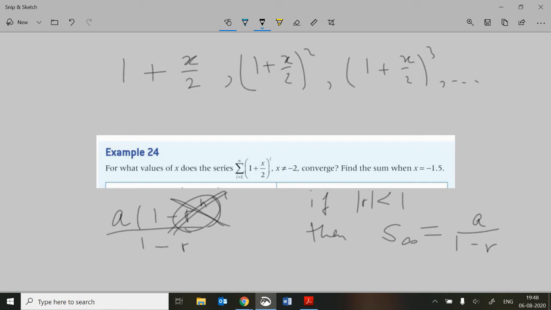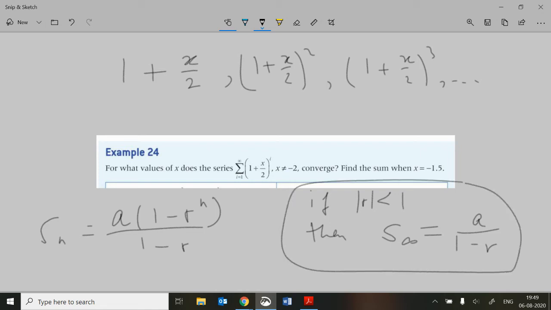So that's just the normal sum of n. But if the magnitude of r is greater than 1, then your terms will be getting bigger, so they will diverge. But if terms get smaller, then they will converge. I think that's a fact you're going to have to take on board just for the moment. At the end of this, I'll do a little Excel spreadsheet, and that might make it a little clearer as well.